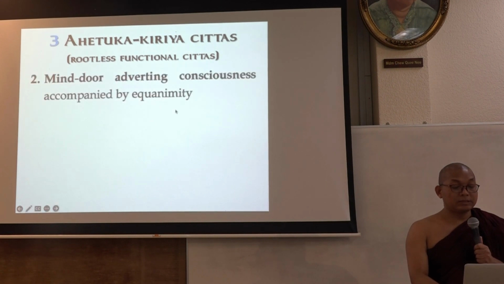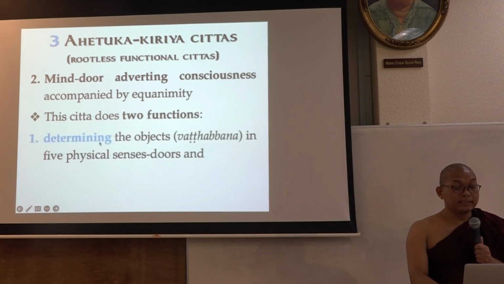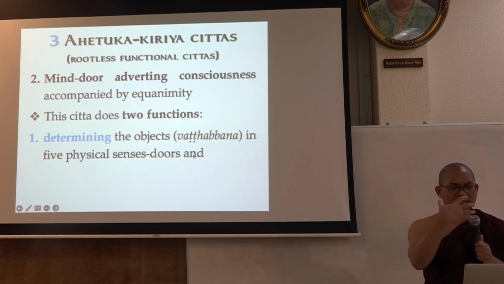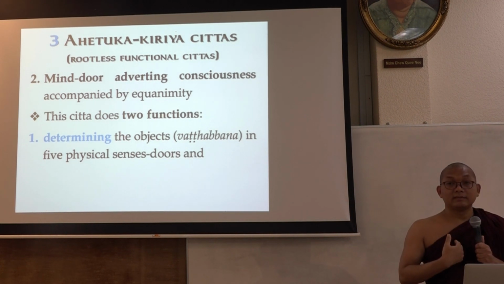Second one is mind door adverting consciousness, accompanied by equanimity. So this chaita does two functions, two jobs. Number one, determining the object. So therefore, determining consciousness. In the five physical sense doors, after seeing, hearing, smelling, eating, touching, your mind determines what is the object you experience.